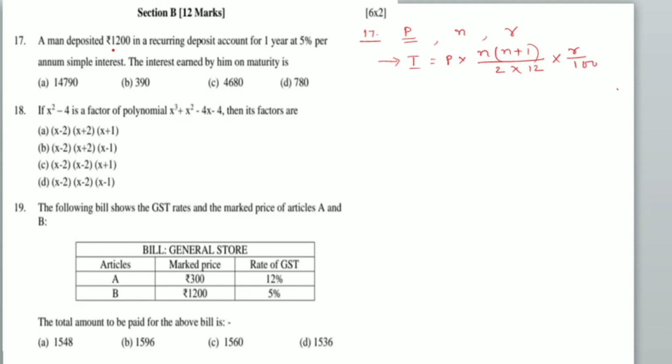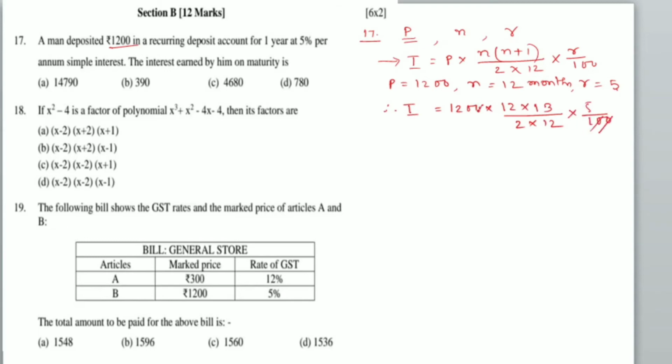Okay, here you can see P is equal to 1200, n is equal to 12 months and R is equal to 5. Okay, so therefore the interest earned by him on maturity will be P means 1200 into n means 12, into n plus 1, here n is equal to 12, therefore it is 13, divided by 2 into 12 into 5 by 100.